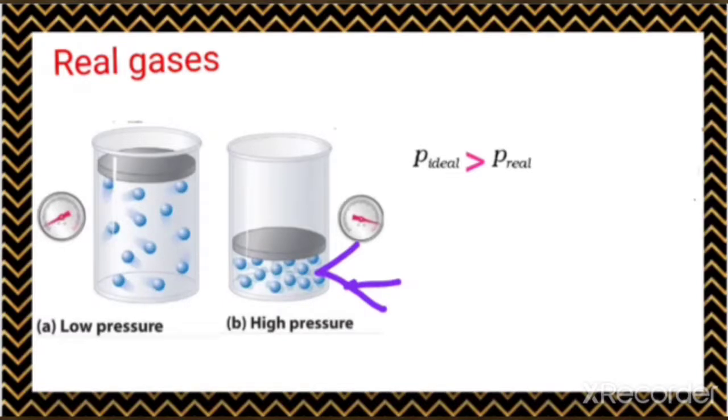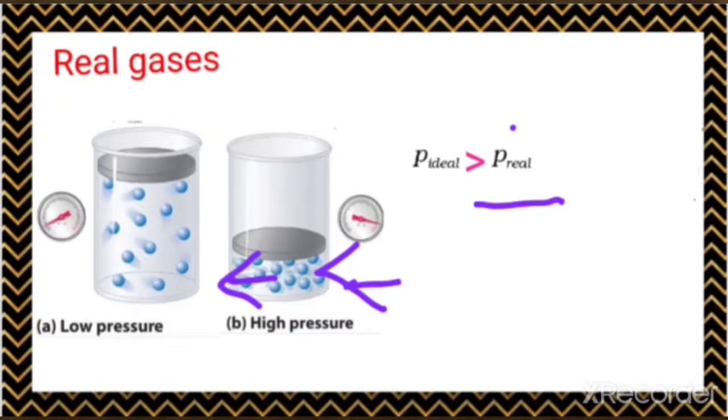Because of this, the molecules do not strike the wall of the container with full impact, because they are dragged by the other molecules due to molecular attractive forces. As a result, the pressure exerted by the gas is lower than the pressure exerted by an ideal gas.